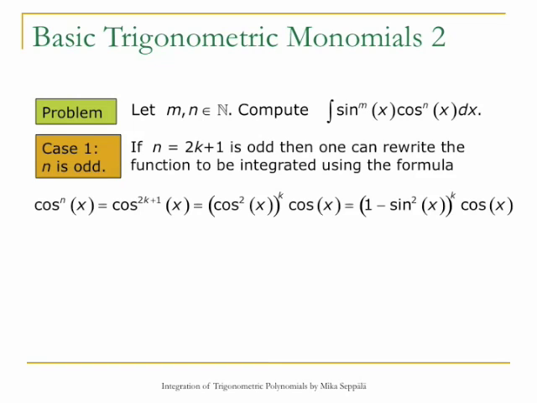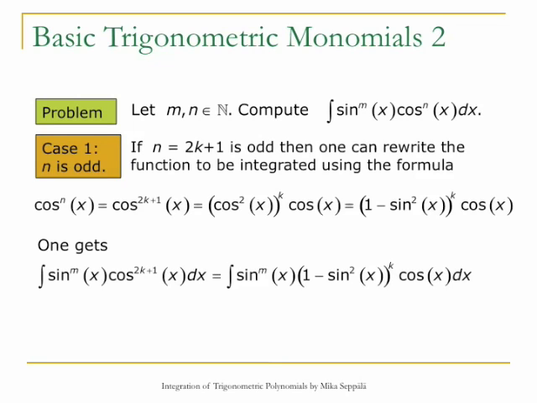Therefore, if n is odd and of the form 2 times k plus 1, then cosine to the power n of x can be written as 1 minus sine squared of x, raised to the power k, times cosine of x.